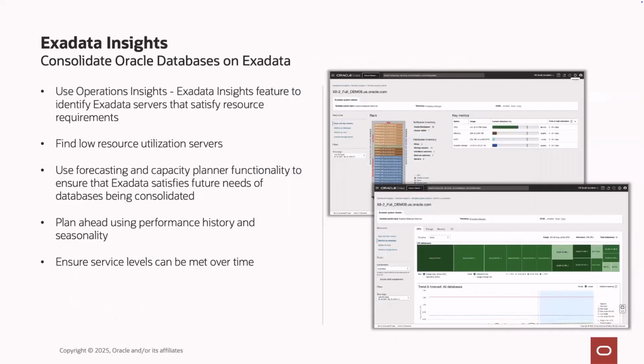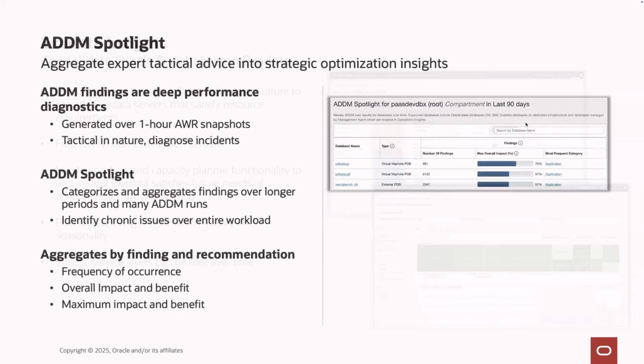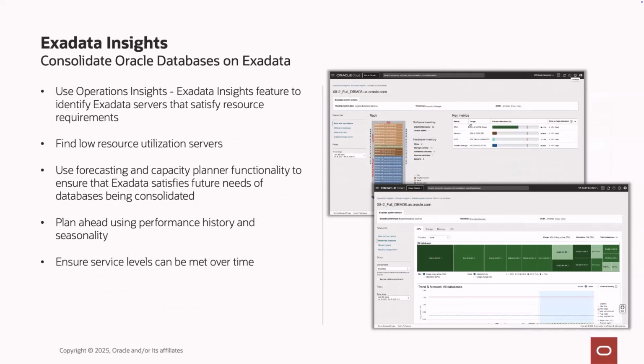So basically looking at the Exadata Insights, again, we're providing a holistic view of your key metric utilization for your Exadata resources. It might be a little bit more difficult to see here, but you can quickly see we have key metrics of CPU, memory, and IOPS, and then we have this threshold percentage of utilization.